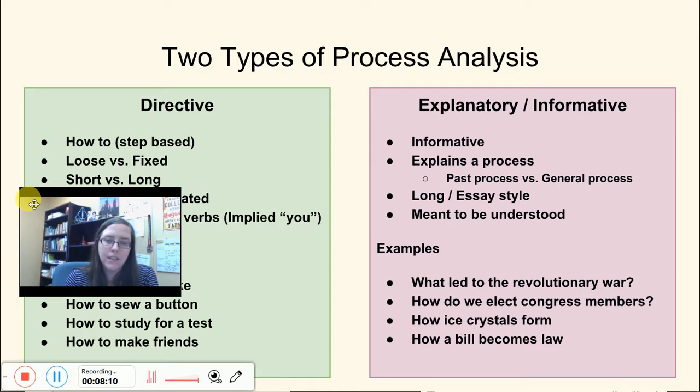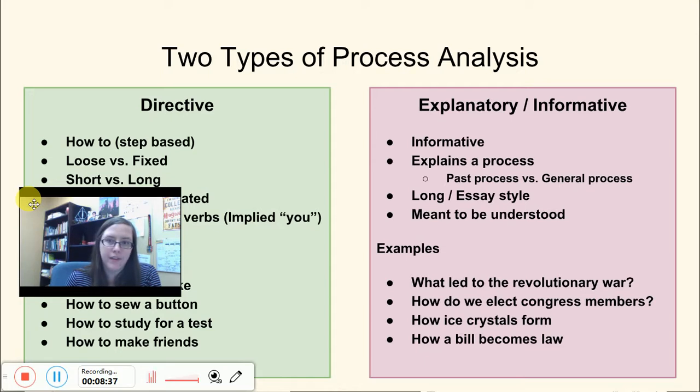And there's a really fine line between those two things. The directive process analysis will tell you how something is done, how a button is sewn on a shirt, but in the way that you can do it yourself. The explanatory process analysis isn't encouraging you to do it yourself, and that's often due to the subject matter.